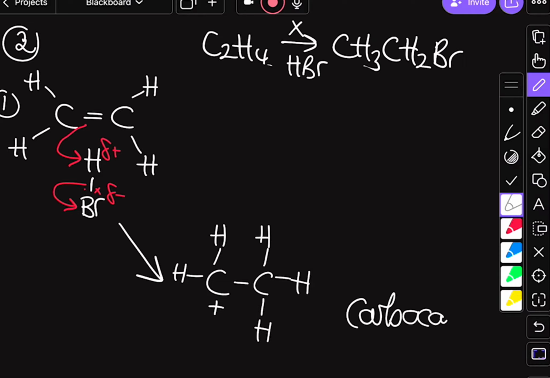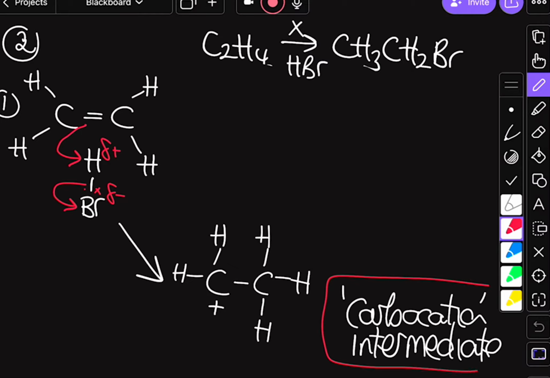So there's no other name for this intermediate. There's no bromine attached, no chlorine attached. It is just a carbocation intermediate. And we've said in terms of the evidence, it is this thing that is key to proving that it's ionic addition. We'll talk about the evidence in a minute.